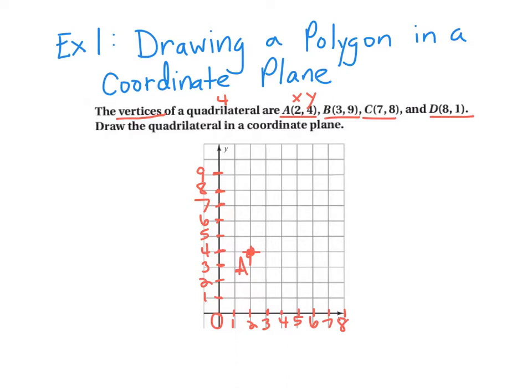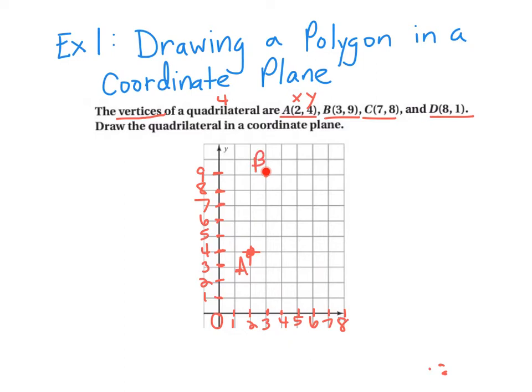The next one says B is 3 for the x, so over here and up 9, and once you're sure you've got that one, then you're going to put your mark in the corner there again. Sorry about that, my pen function's not working. So there we go. And again, we're going to put a letter B there.